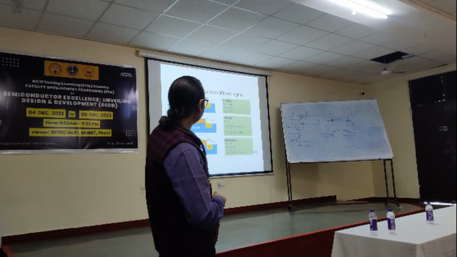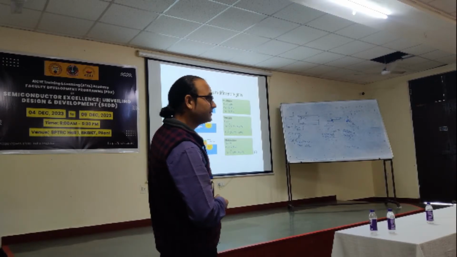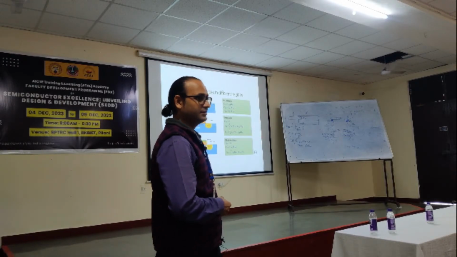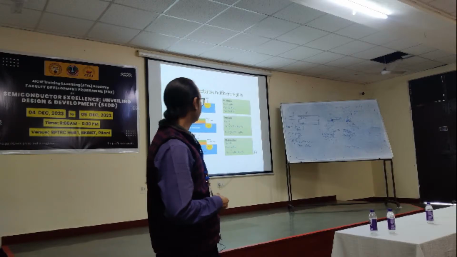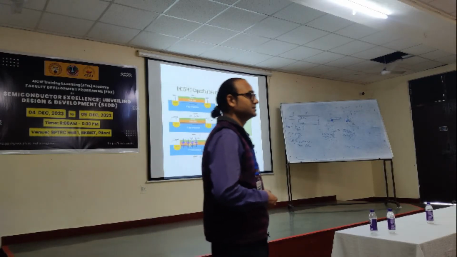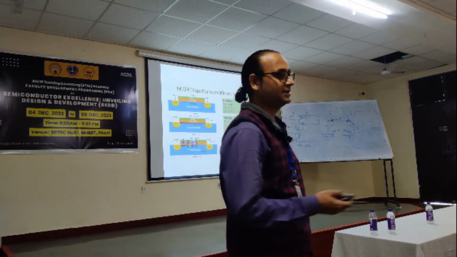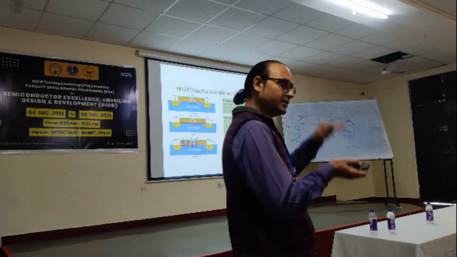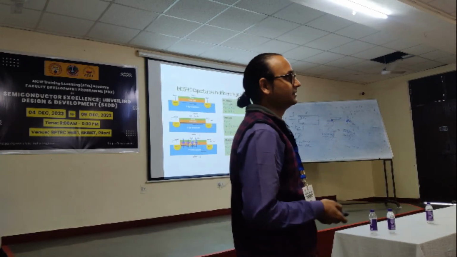But in the linear region, the channel is formed, and that capacitance is screened off because of the inversion layer charge. So that's why we say there is no capacitance from gate to body when it is inverted.